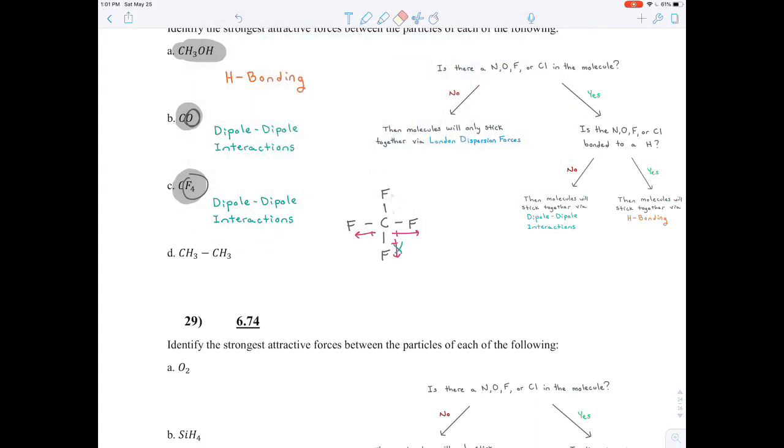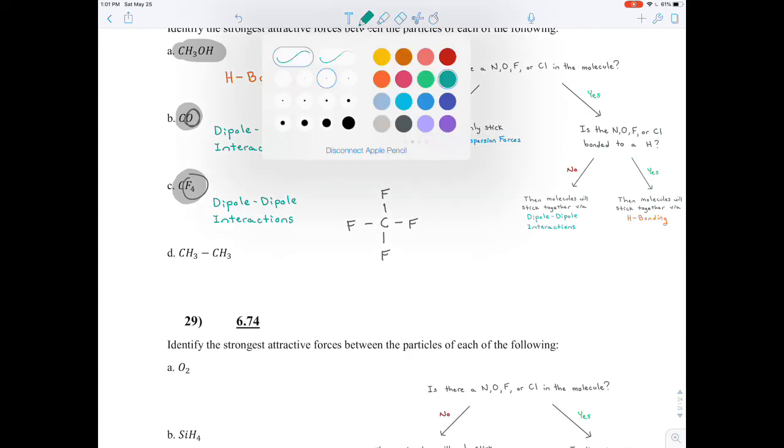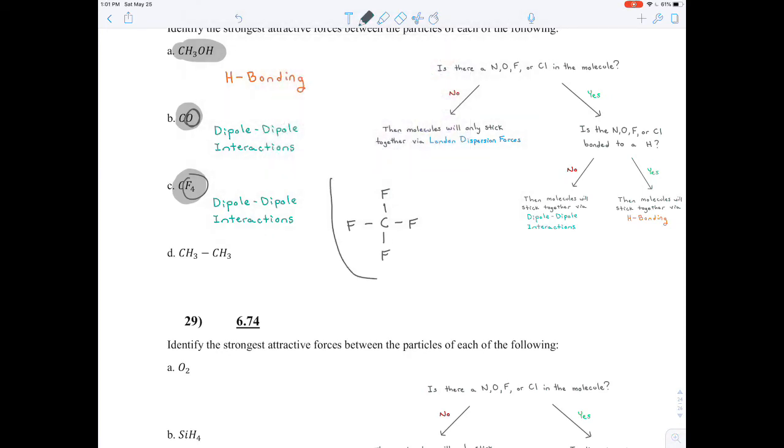They're pulling in opposite directions and they end up canceling each other out. The one that goes left cancels out with the one that goes right. So technically, that destroys the dipole in this molecule, and it wouldn't be able to create dipole-dipole interactions because the dipoles in each molecule are destroyed. Technically, the correct answer for this one would be London dispersion forces.